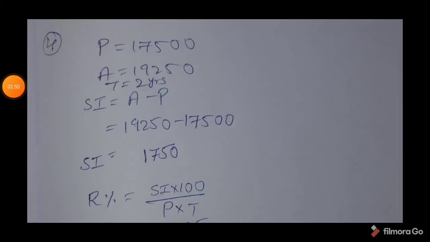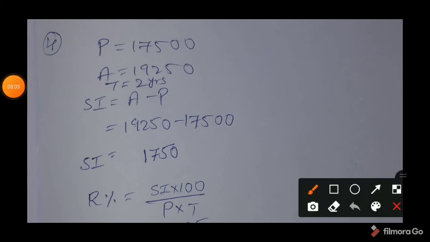Now we have, what will be the rate of interest at which 17,500 will become 19,250 in 2 years. So here also they have given two values, the smaller value will become the principal amount, the greater value will become the amount.